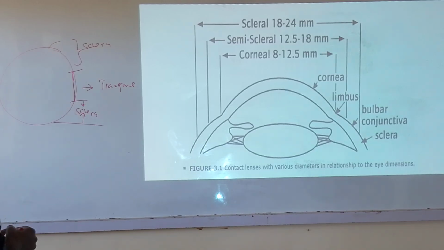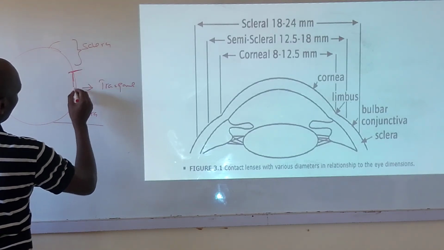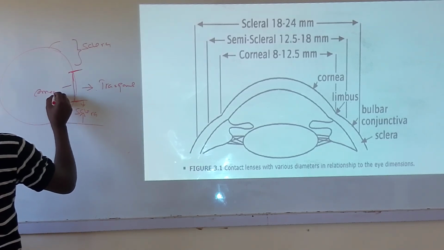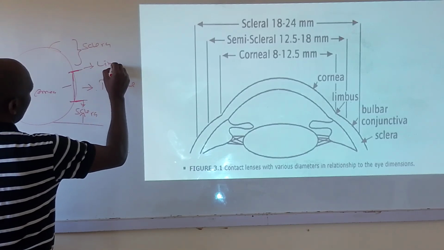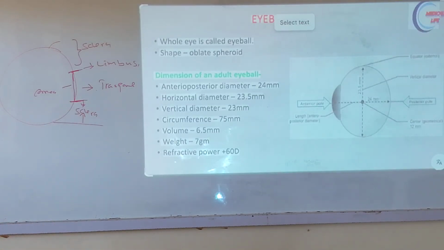So what we are saying is that the junction between the sclera here and the cornea here, this junction here and here is what we call the limbus. So those are just an illustration of some of the things that we have already talked about.